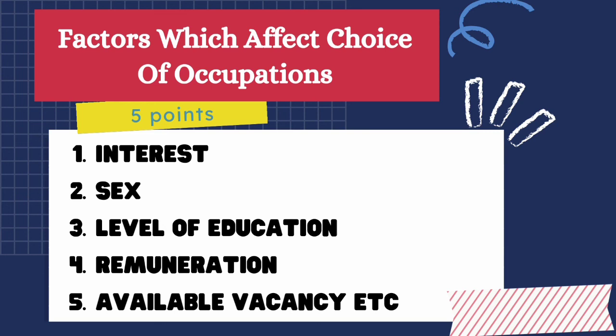You see, it affects the choice of job. Then number four is remuneration. In other words, we say salary, payment. So if a person who is applying for a job wants to be paid a higher amount than the company is willing to give, the person may not want to accept such a job. So that's another factor that can affect choice of job.